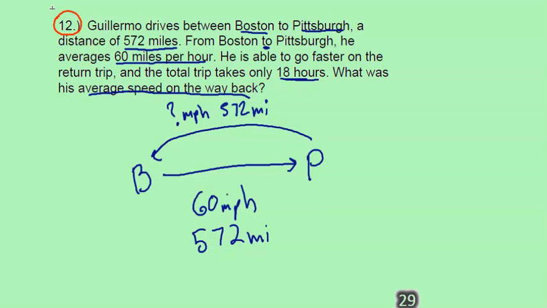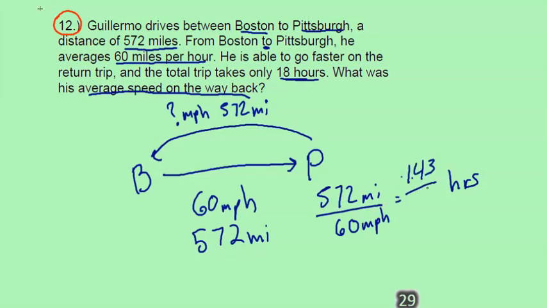So let's see how long it took them to go to Pittsburgh. So if it was 572 miles and it was 60 miles per hour, let's figure out how many hours that was. So if we divide the miles by the miles per hour, we get 143 over 15 hours.